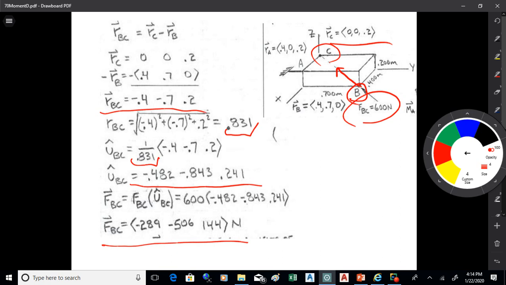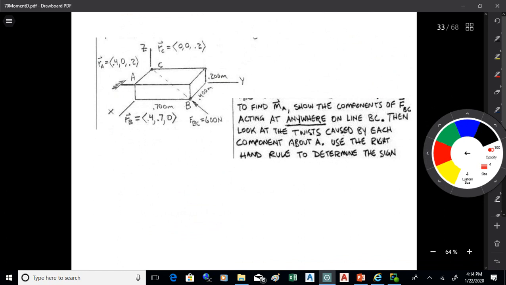All right, now, if we're good with that, we want to find the moment about A. To do that, we're going to find moment arms from A to any point on the line of action of the force. The easiest way would be to go to point C. I can take any way from A to C I want. I could go to B or I could go to C. I'm going to go to C because it's easier.